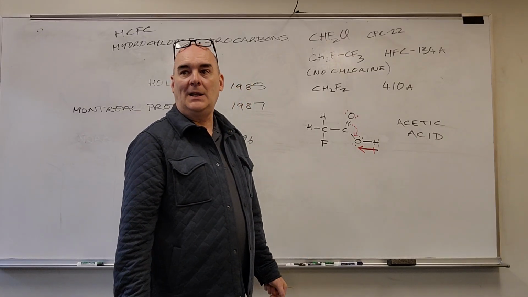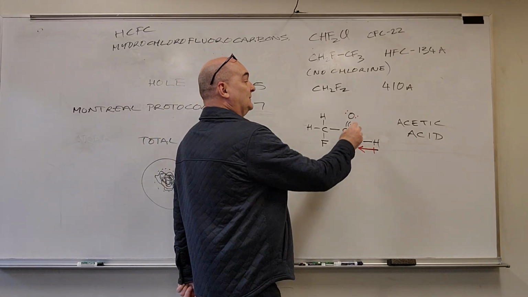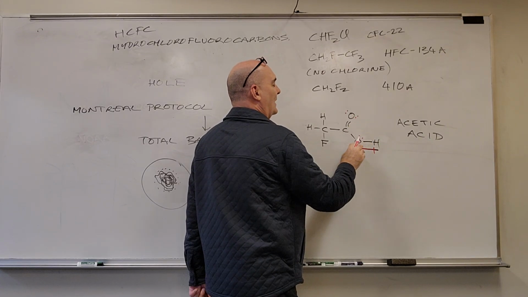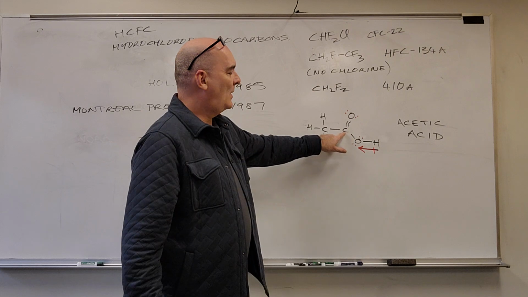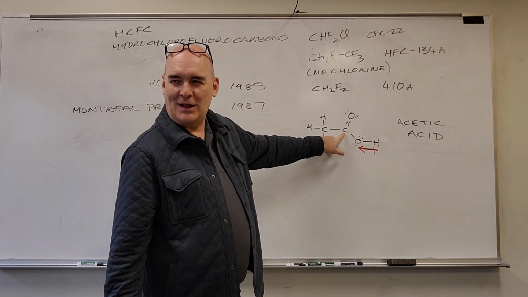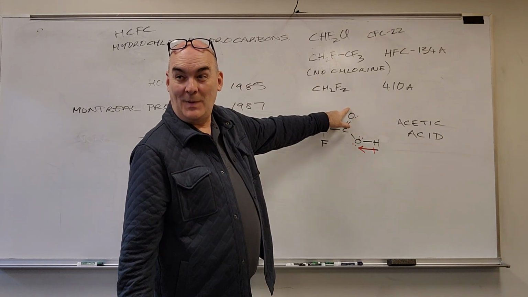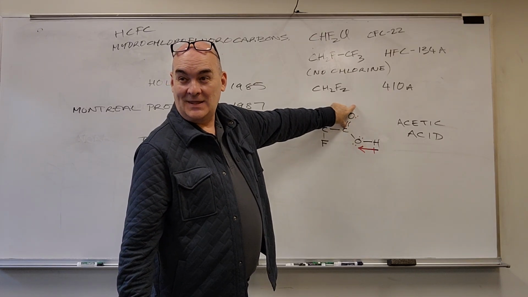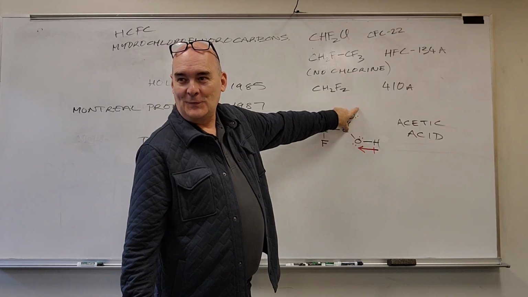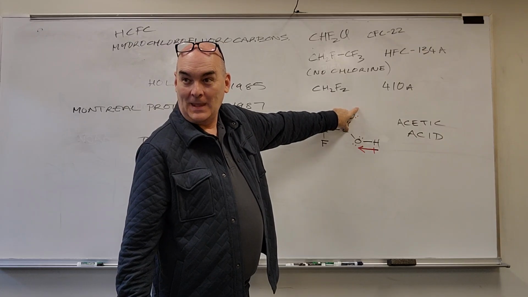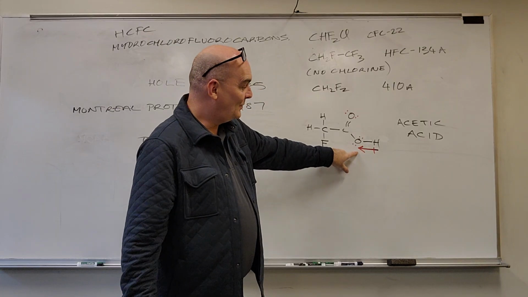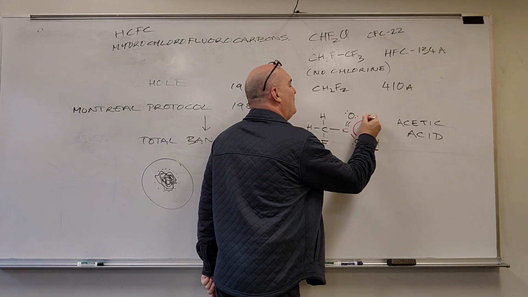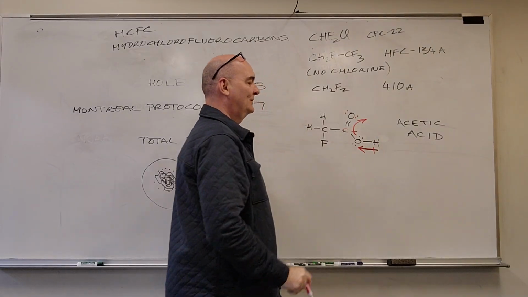I've got movable pi electrons, which means when you're bonded to something that is itself bonded multiple times to an electronegative atom, that makes this an electron withdrawing group. Okay, so not only is this oxygen pulling electrons away from that hydrogen, this oxygen is pulling electrons away.